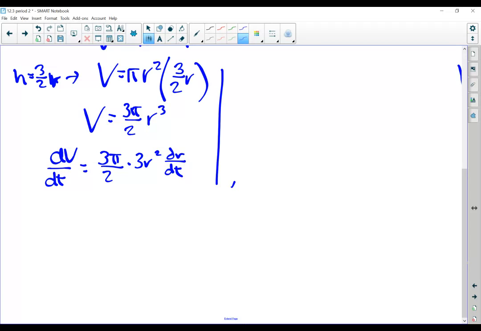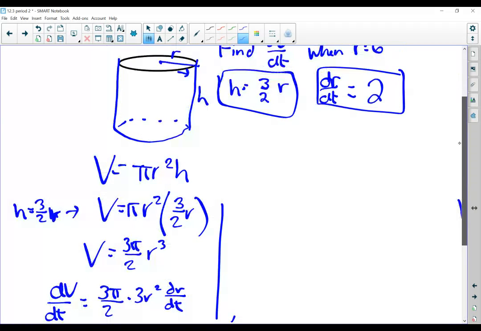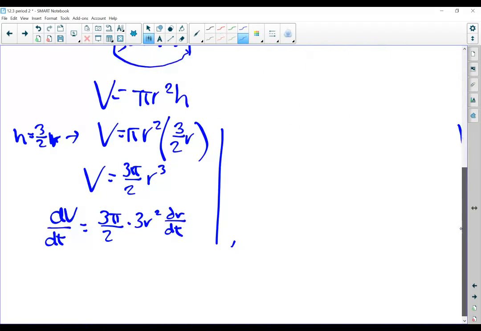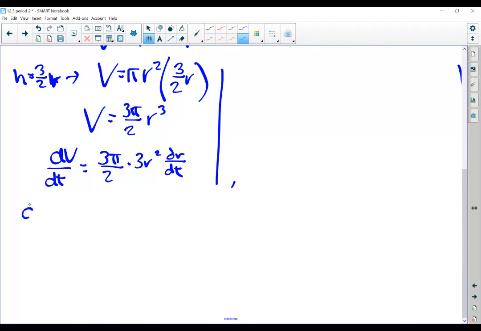And lucky for us, we already know at this moment what the rate of the radius is. It tells us that the rate of the radius is 2, and it wants it when the radius is 6. So I actually have all the information. I don't have to do any side work, which is rare. Okay, but now I'm going to plug in my radius, which is 6, and my rate of my radius, which is a constant 2.